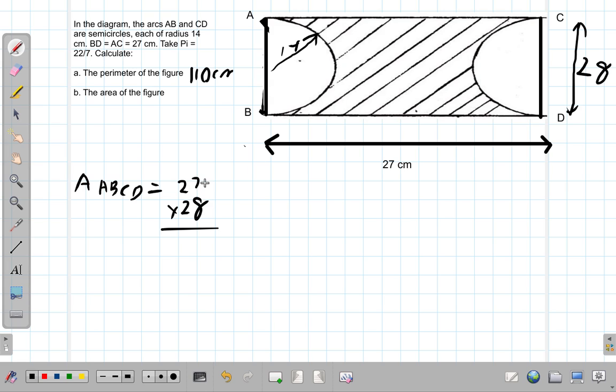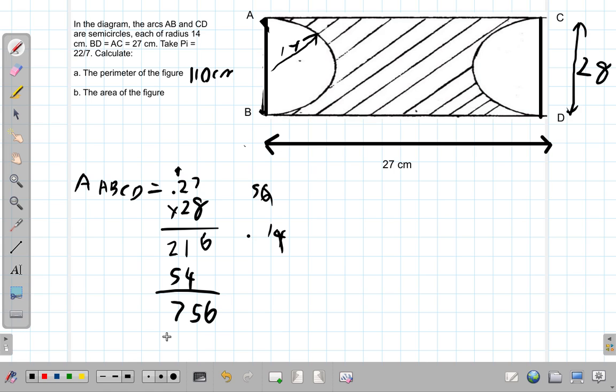27 by 28. 8 7s are 56, bring down the 6, carry 5, 8 2s are 16, 17, 18, 19, 20, 21. So it's 2, 1 here. 2 7s are 14, down the 4, carry 1 here, 2 2s are 4, 1, 5. Add them: 6, 4, 1, 5, 5 and 2, 7. Alright.